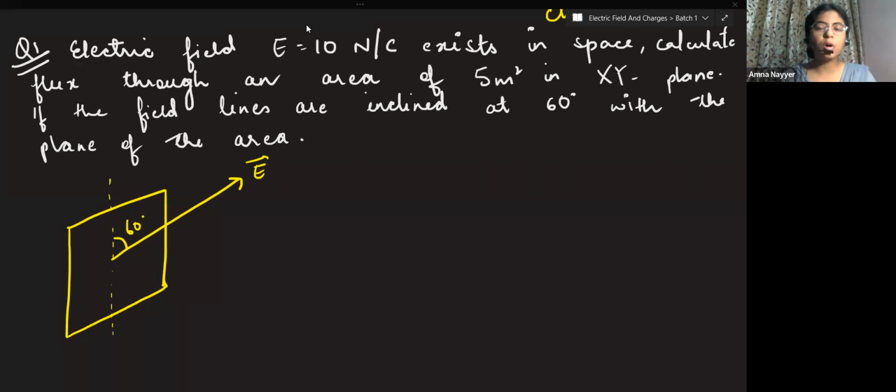So yes, Salman, what is the formula of flux that we have studied? We have done it a few minutes back. Just look into your notes and see what is the formula of flux.